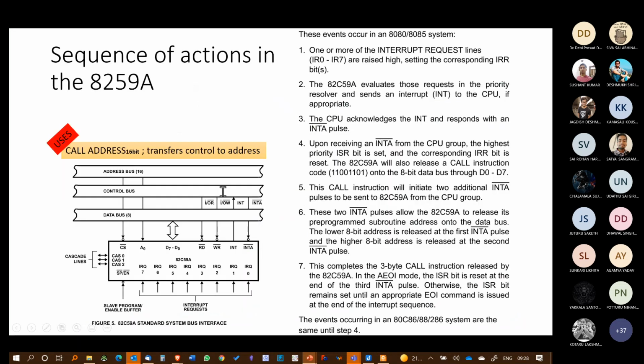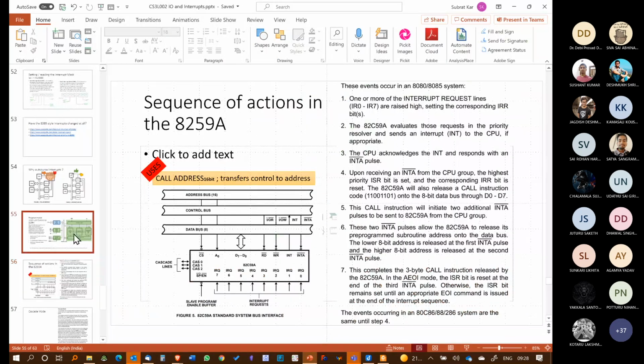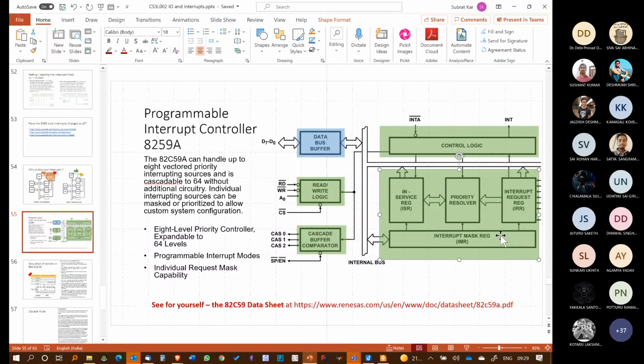So I think maybe I could make the IRR as the status register, but then I would have to make a little bit of complication like this. So I would have to say this is control, this is control, this is status.